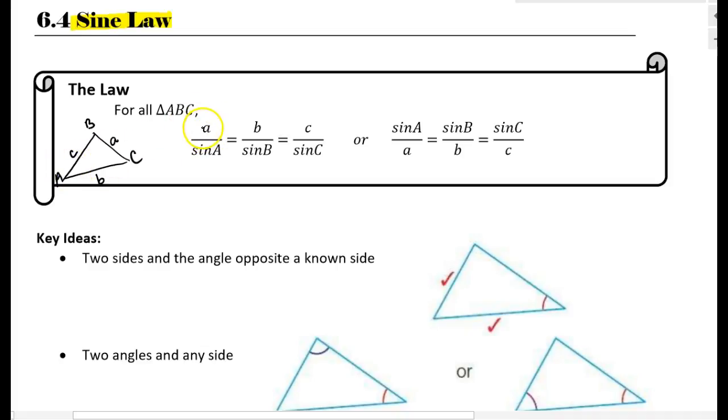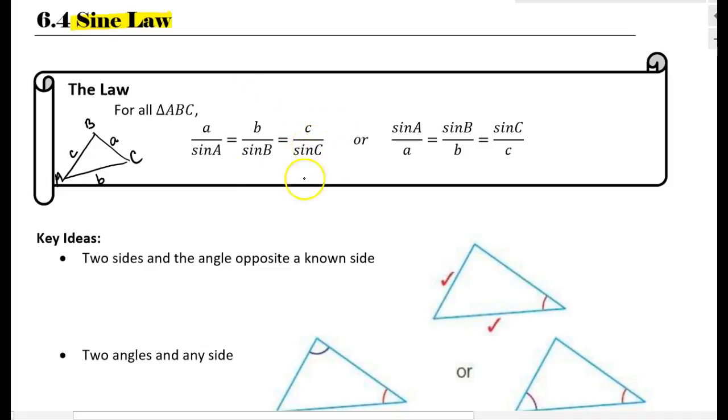So we can set it up as the ratio of the side length a divided by sine of angle A could be set equal to either side length b divided by sine of angle B, or any of these pairings could be set equal to side length c divided by sine of angle C.